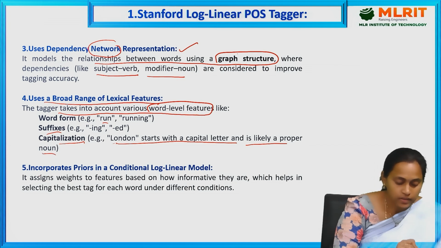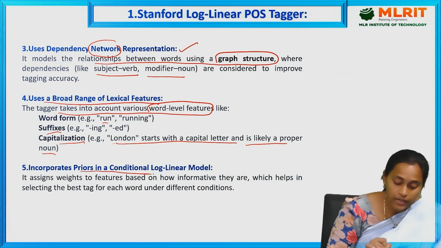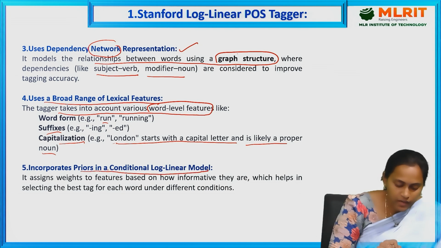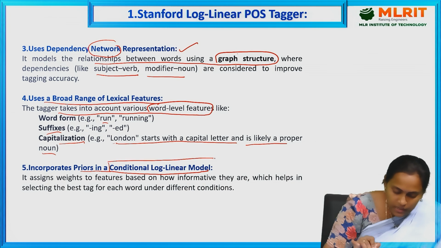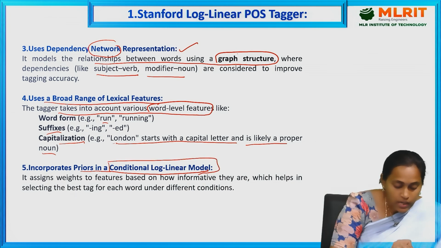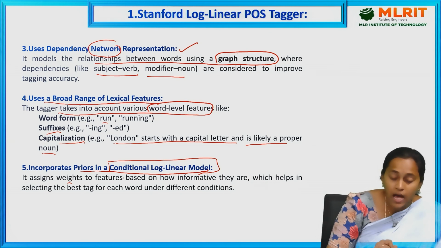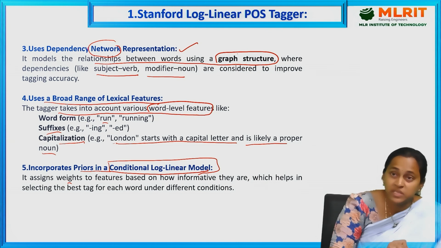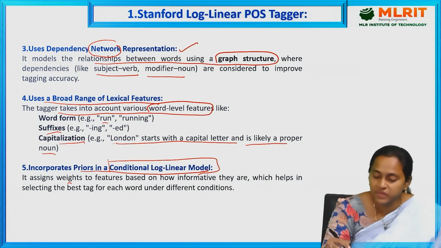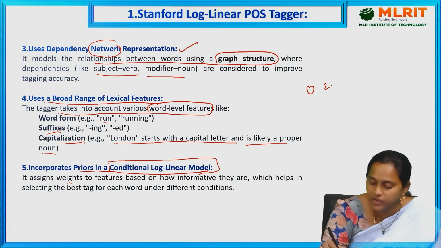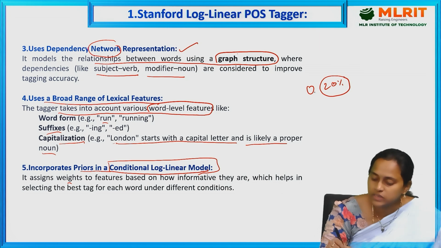Next feature: it incorporates priors in a conditional log linear model. Log linear model means this is mathematical, right? We assign probabilities, that means weights. Suppose, as we discussed previously, some word contains some 20% weightage, that means I am specifying that this word is a priority.